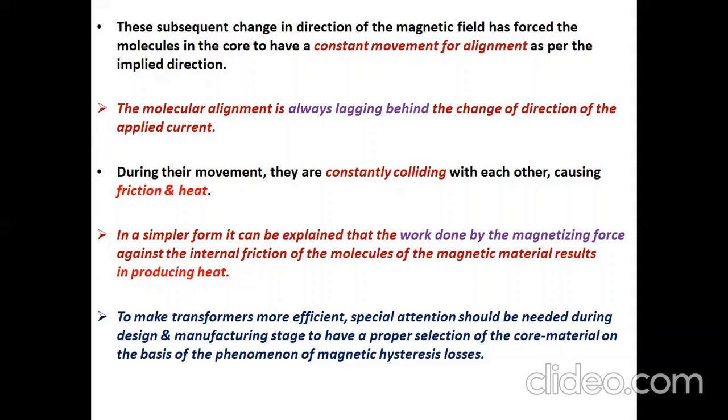To make transformers more efficient, special attention should be given during the design and manufacturing stage to a proper selection of the core material on the basis of the phenomenon of magnetic hysteresis losses.